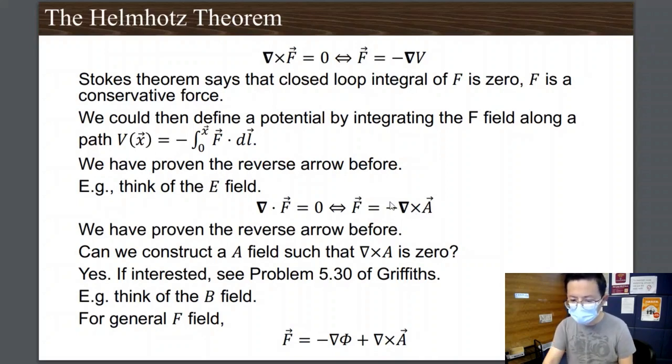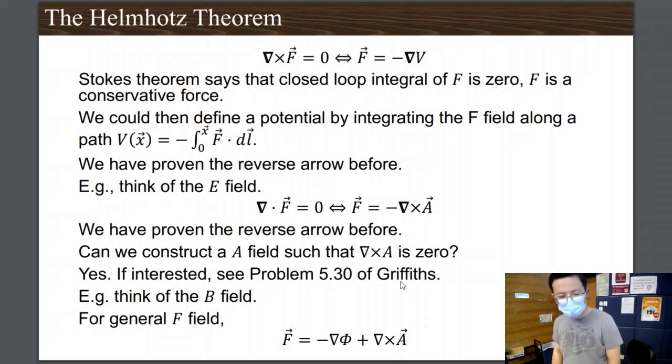So this should be a plus sign. I'll give you a new note later. This is a bit hard to prove. How to prove that is actually in chapter 5, and if you are interested, you can look at problem 5.30 of Griffiths, and it will guide you to prove why that's the case.